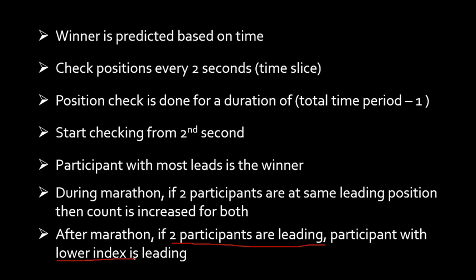Participant 2 will come first. So if 2 and 4 are leading, 2 will come first in the input sequence, because the input sequence is given in ascending order only. First they'll tell about the first participant, then participant 2, then participant 3. So if you need the first person in the input sequence, just consider the participant with the lower value.